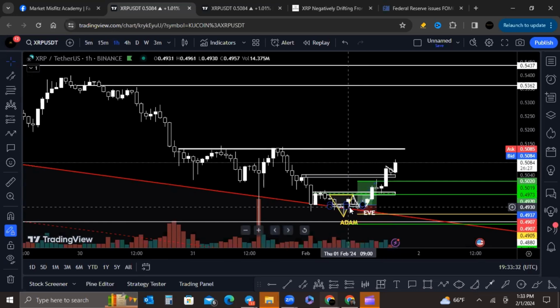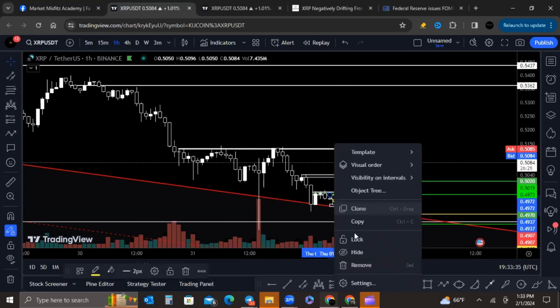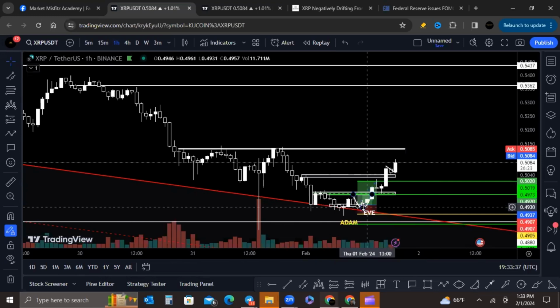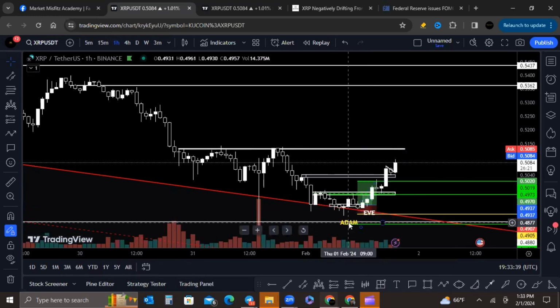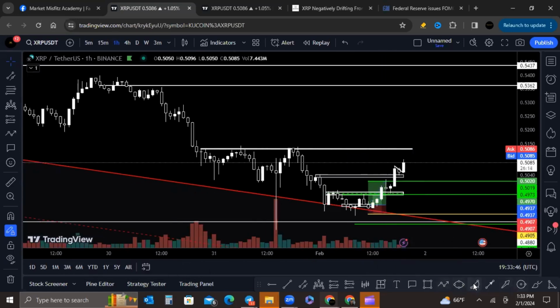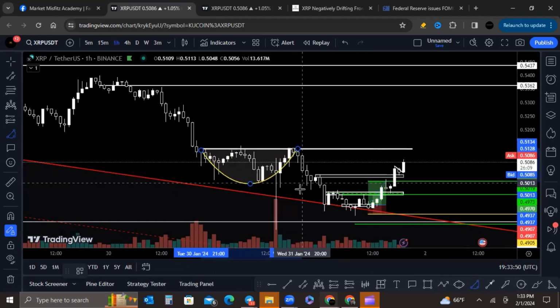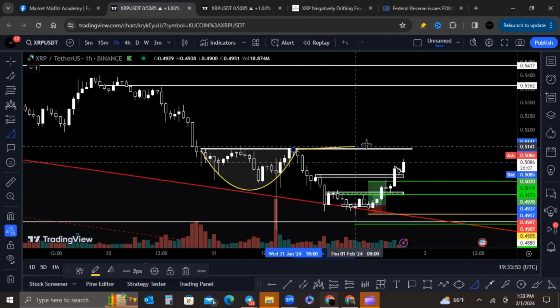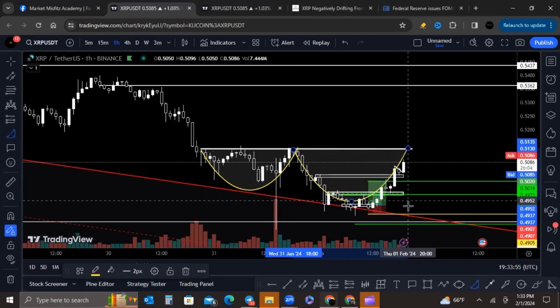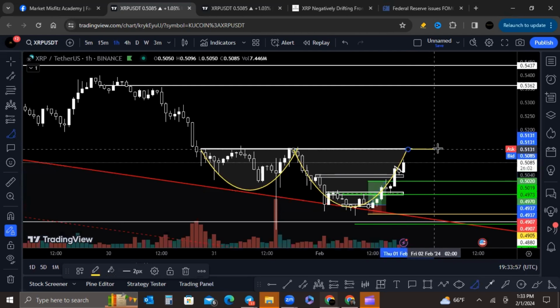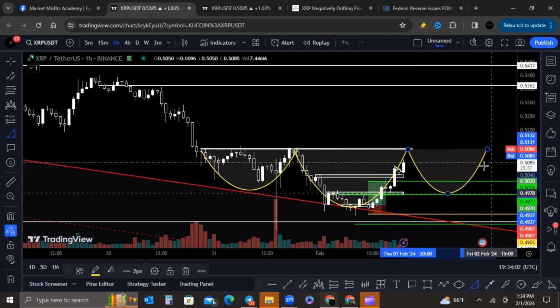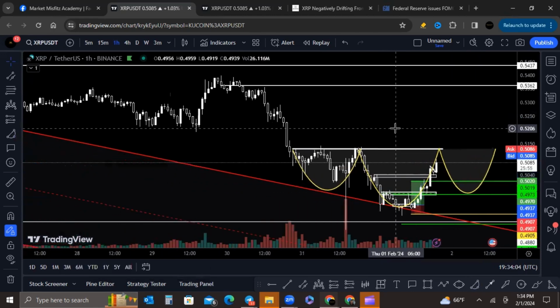Now on a little bit more of a midterm perspective, let's take a look at this possibility right here. Really didn't plan on going over this one, but I just happened to see it right now, so let's cover it. So looking at this, maybe something like this.